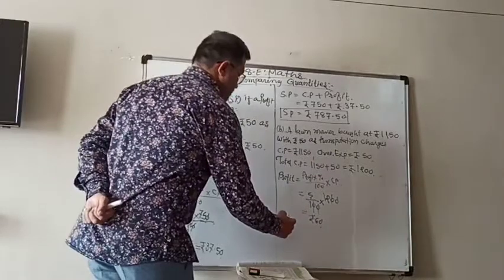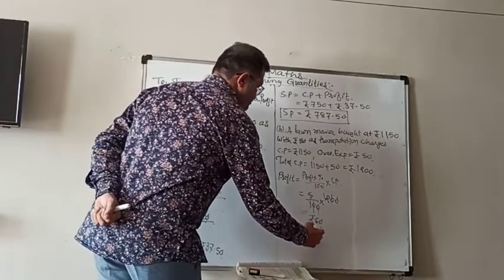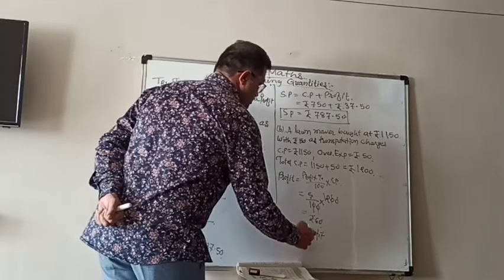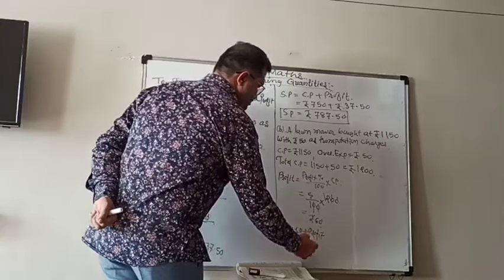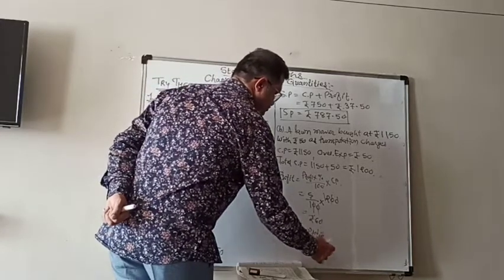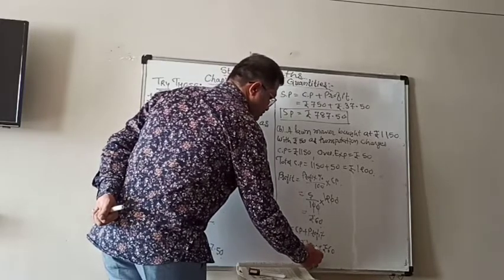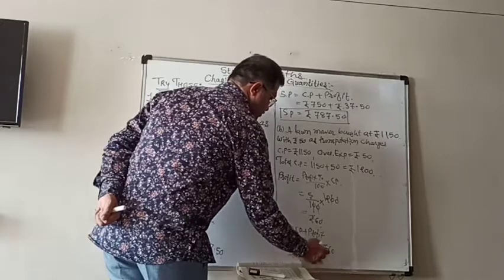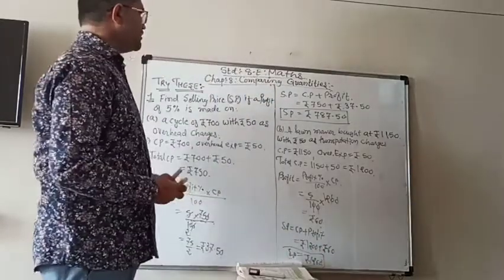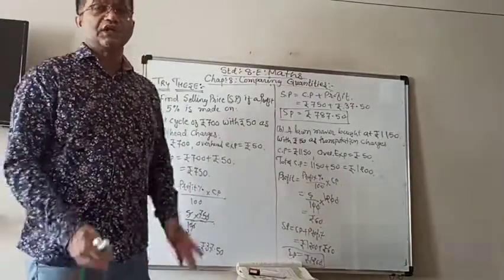So SP is equal to CP plus profit is equal to CP 1200 plus rupees 60. So final answer SP is equal to rupees 1260.